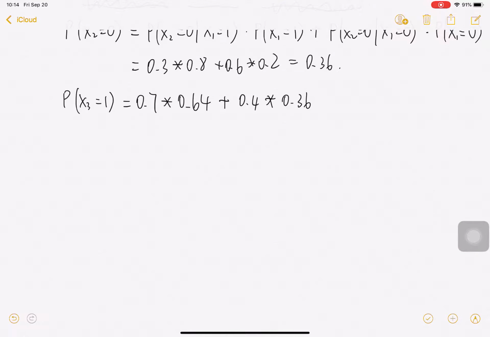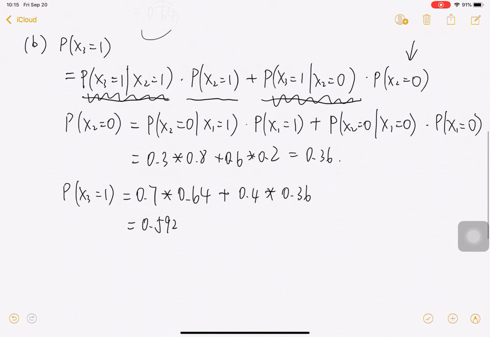So the answer is easy, 0.592. This is the answer to question B.